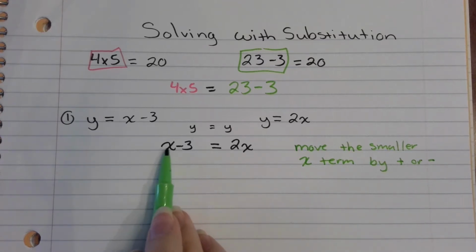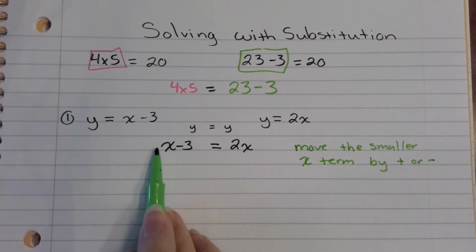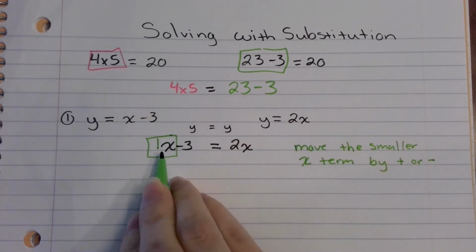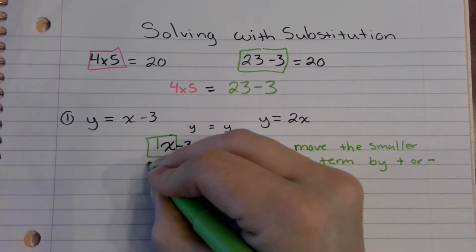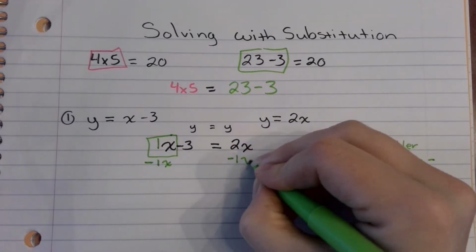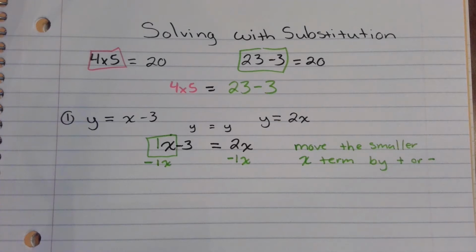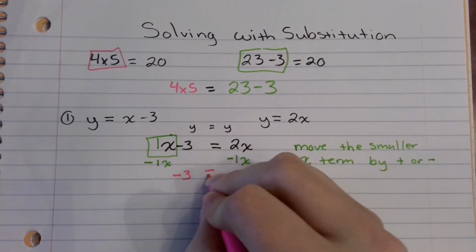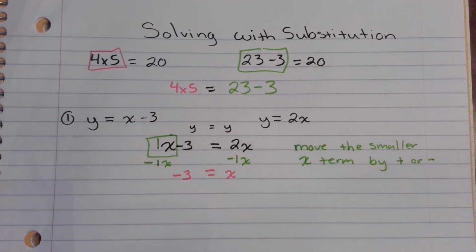So our smaller x value happens to be the x, right? It's a 1x. So in order for me to get rid of 1x on this side, I'm going to subtract 1x from both sides. Okay, that's going to wind up leaving me with negative 3 is equal to x.